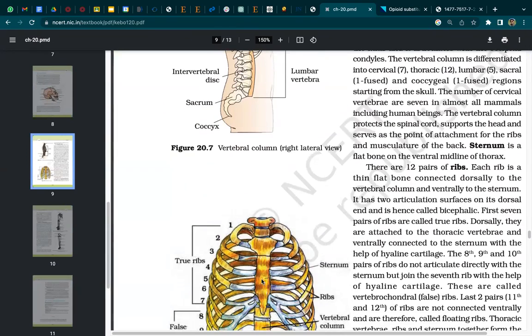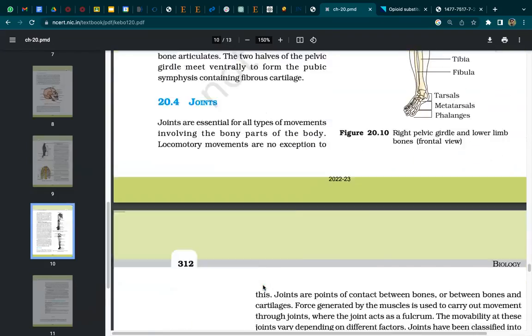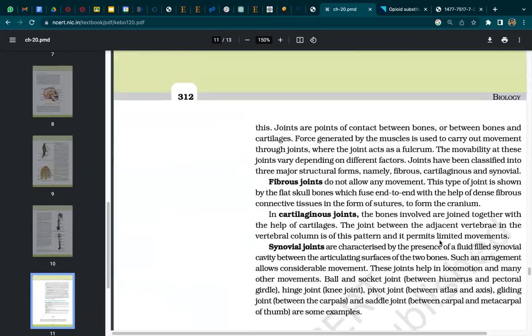So see here, this is the bone, the white part is cartilage, bone, cartilage, bone, cartilage. That kind of a joint is called a cartilaginous joint. There is very limited movement. We can bend, we can stand straight, we can go a little back while doing yoga and exercises, but the movement is limited.